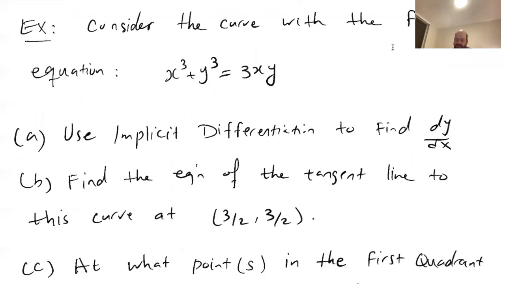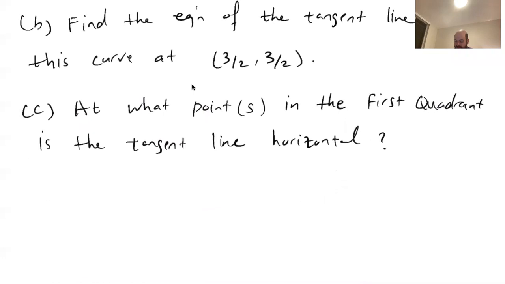Here it is an implicit equation because the connection between x and y is given, but not of the form y equals a function of x. It's x cubed plus y cubed equals 3xy, a mixture of x and y. So we have to use implicit differentiation to find y prime or dy/dx.